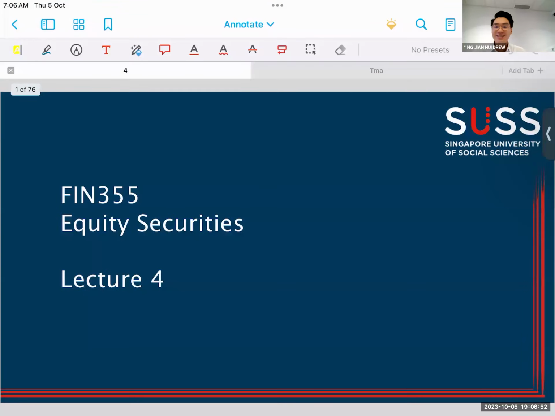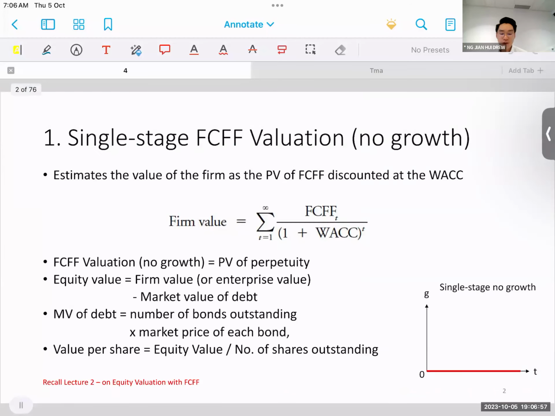Okay, so let's start with free cash flow. We'll jump straight into the free cash flow model since we have already covered the basics in lecture 2. And now, as usual, we are going to do the single stage and double stage, and we'll not do three stage.